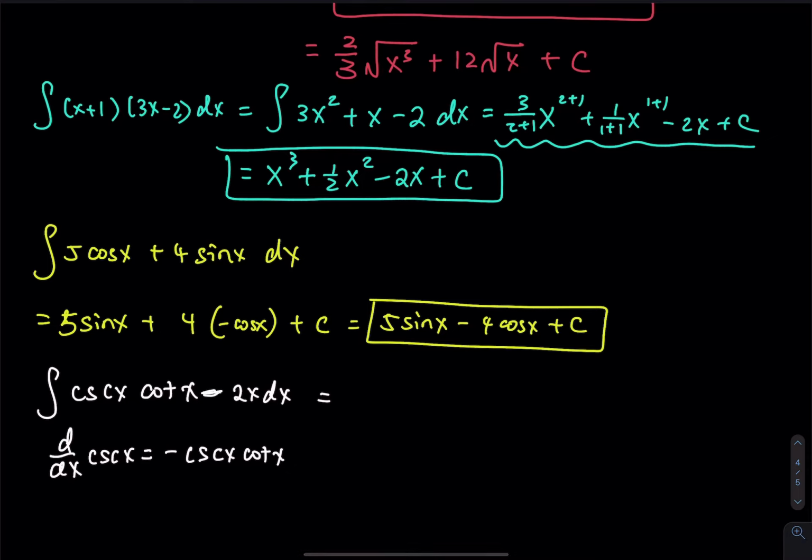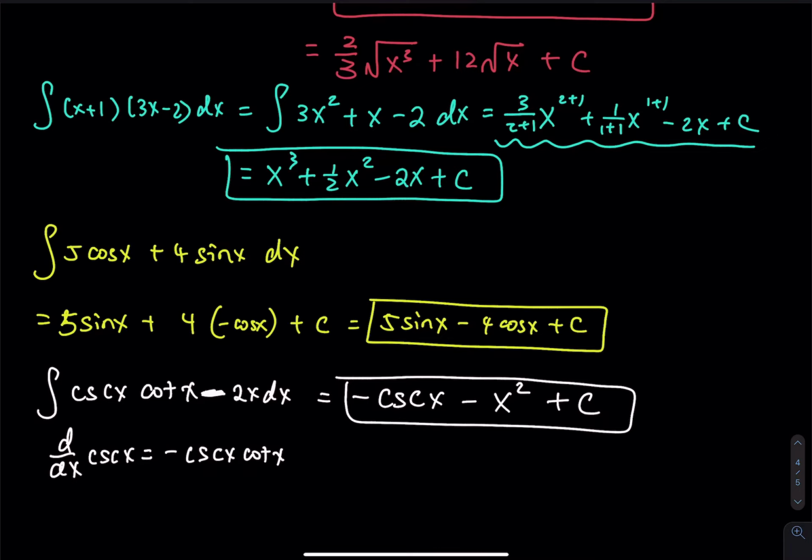The minus belongs to the 2. So this one we have to add a negative in front of the cosecant, and then the integral of 2x is just x squared, right? If you take the derivative of x squared, you can easily get the 2x and then plus c. So that is the answer.